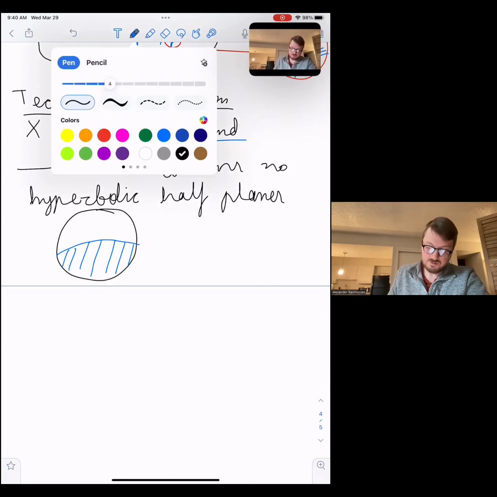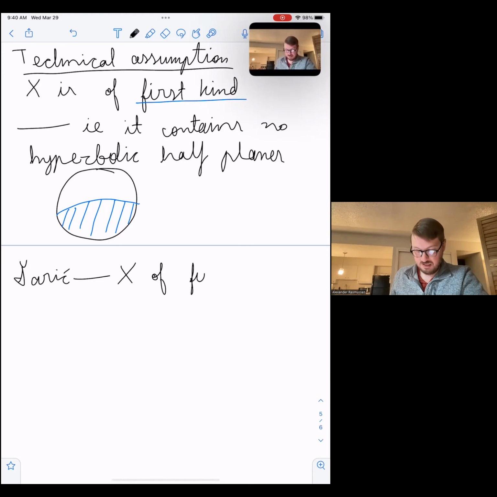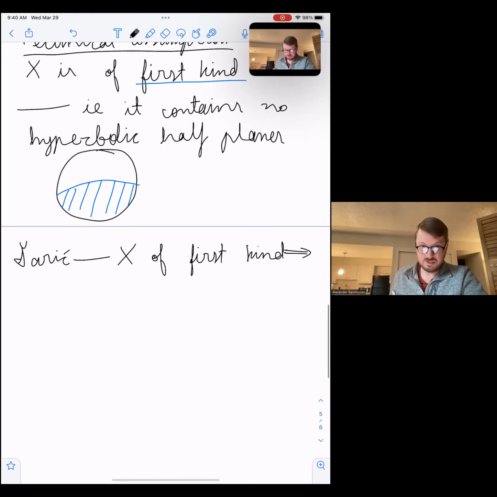It's a recent result of Sarich that when the surface is of first kind, any geodesic lamination will be somewhat nice. So X first kind means that any geodesic lamination on X is nowhere dense.